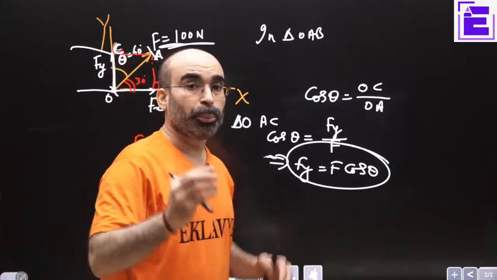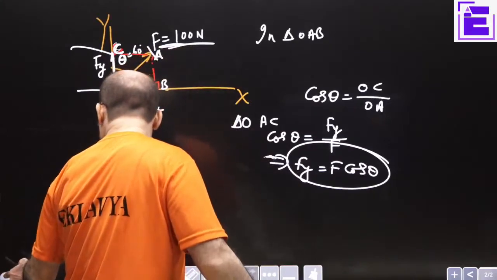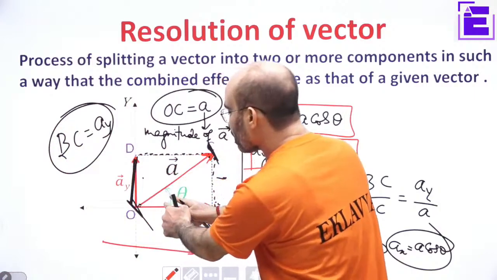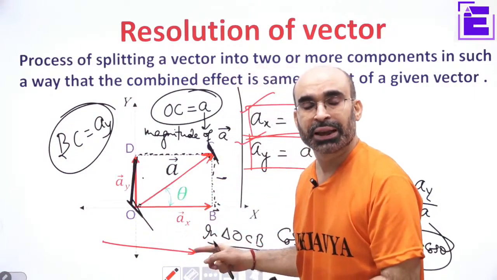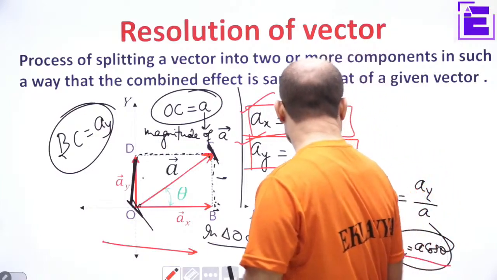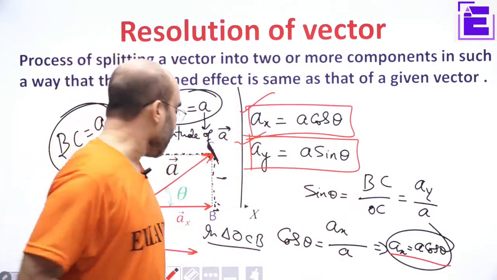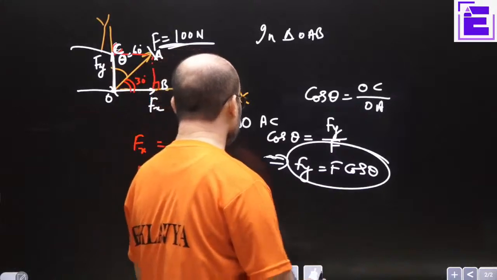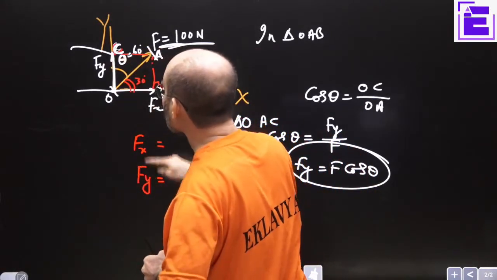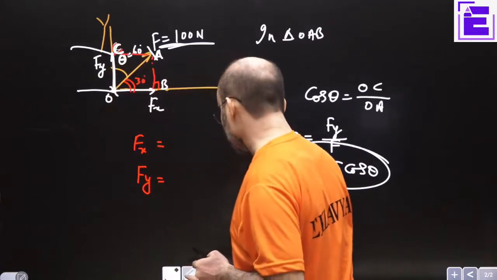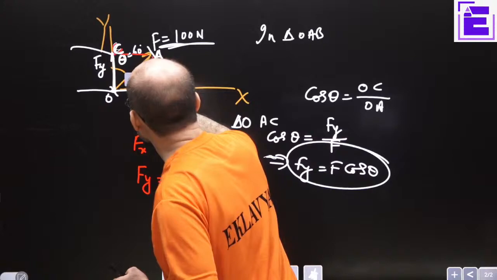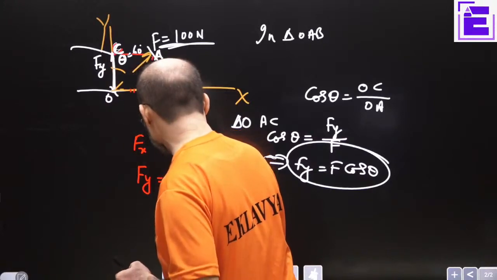You may ask if there is a confusion. No, there is no confusion. Earlier, theta was made with the x-axis. That's why Fx came out to be F cos theta. Here, theta is made with the y-axis.